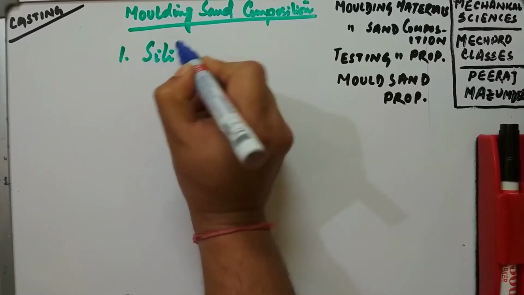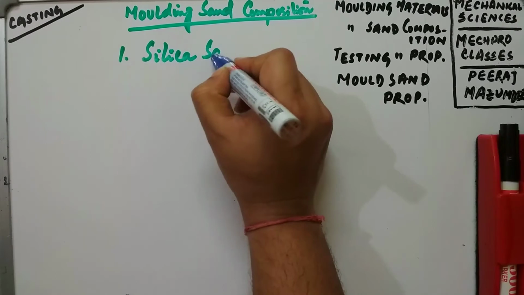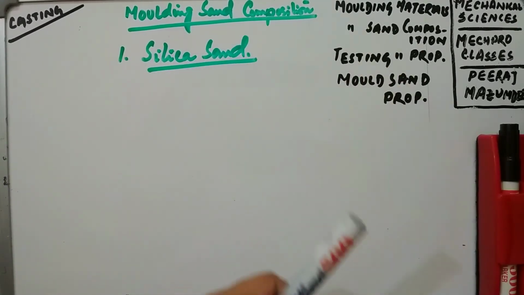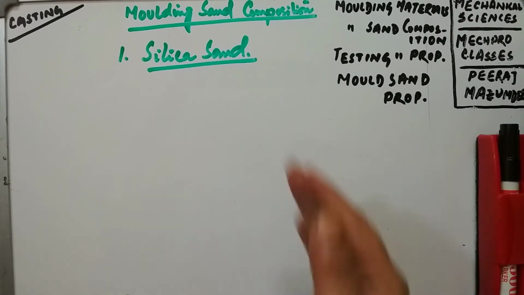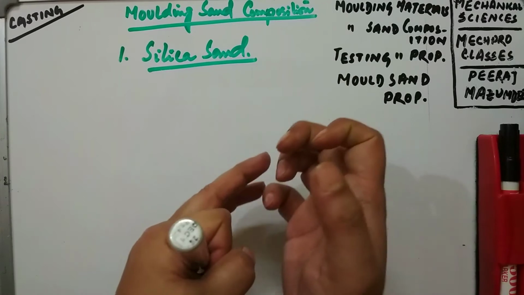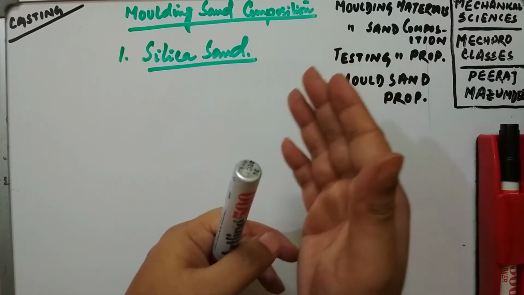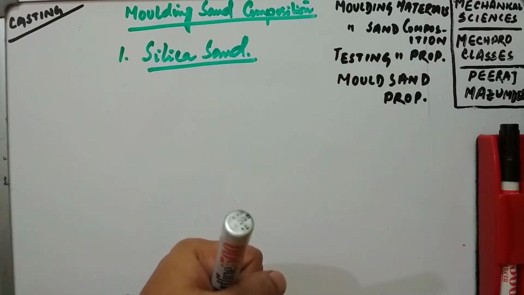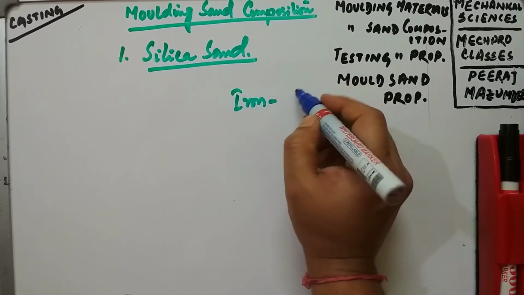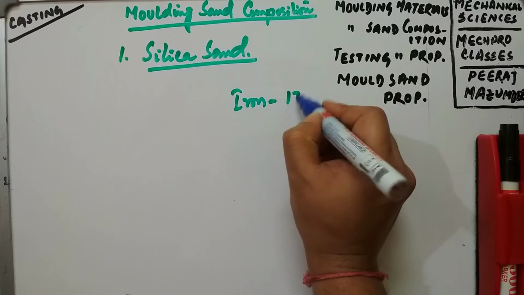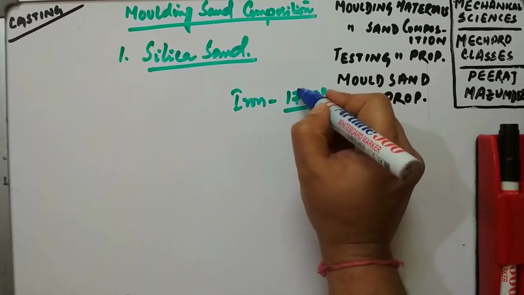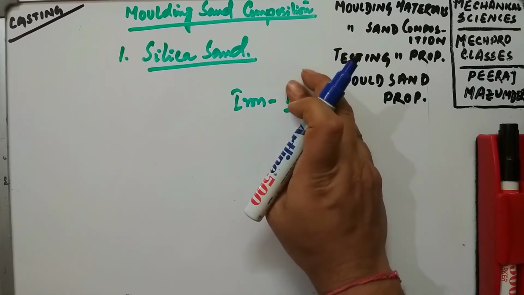As I already mentioned, SiO2 silica sand is commonly used as molding material in casting purposes, because silica sand has a high enough melting point, around 2000 degrees Celsius, and if we are doing iron casting, the melting point of iron is around 1539 degrees Celsius.